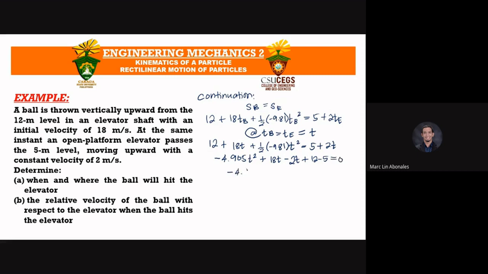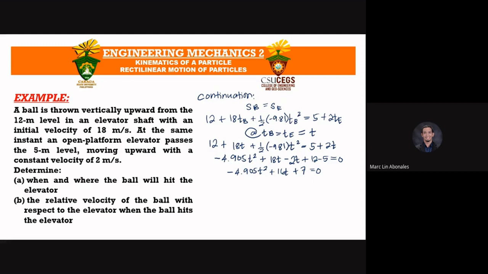So negative 4.905 t squared plus 16t plus 7 is equal to 0. As you notice here, this is a quadratic equation. So you can use your calculator to solve the roots of the quadratic equation, or you can use quadratic formula or factoring to solve the roots of your quadratic equation.